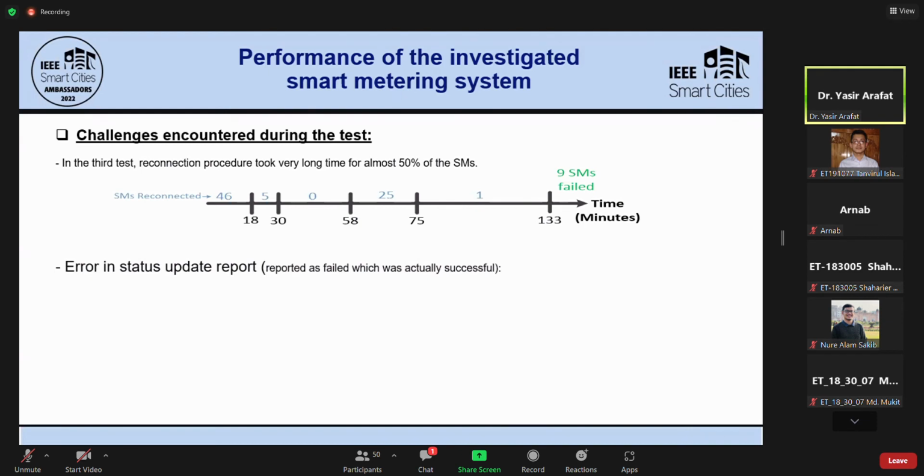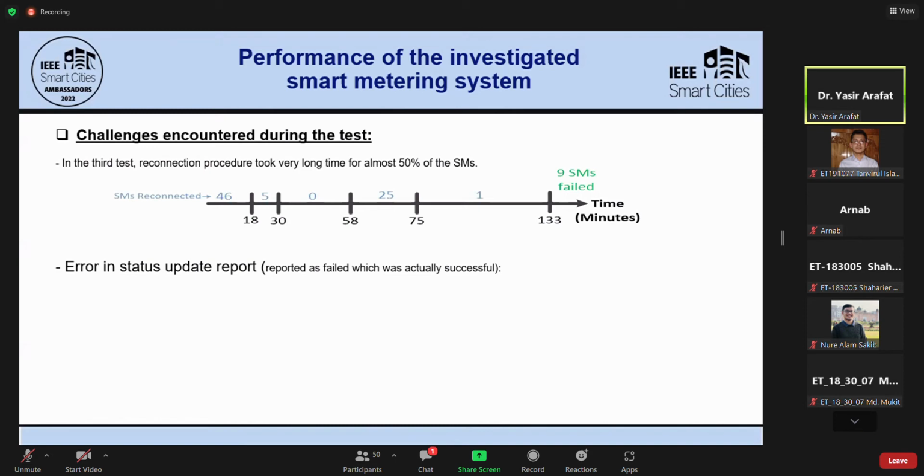We also saw there was some error in the status update report. For example, it reported as failed, but when we checked manually, as I mentioned, from the central system we can read instantaneous data from any of the meters. So we can check whether the meter got power supply or not. When we checked individually, we saw there were some reports that were not right.